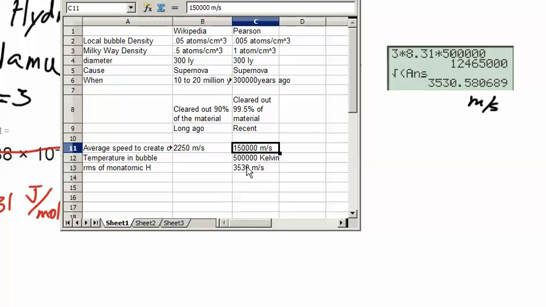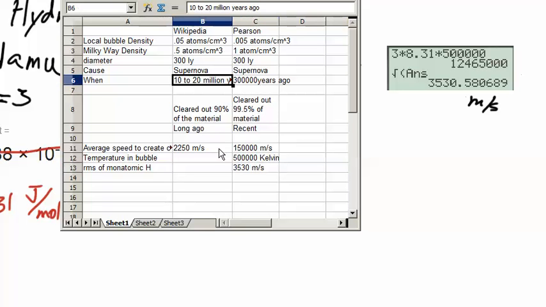I think a blast of hot gas moving forward at 2,250 meters per second and having an ambient temperature that moves the gas at an average of 3,530 meters per second is not that this happens in the wave, but rather this is what is left behind after the wave passes by.